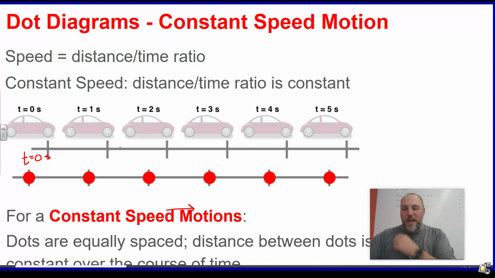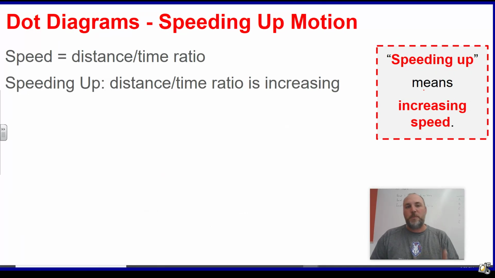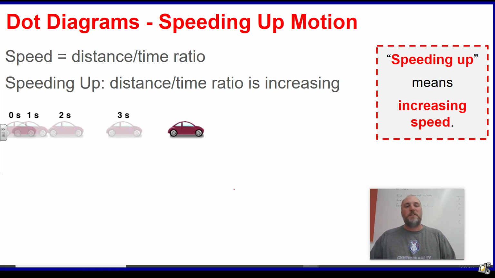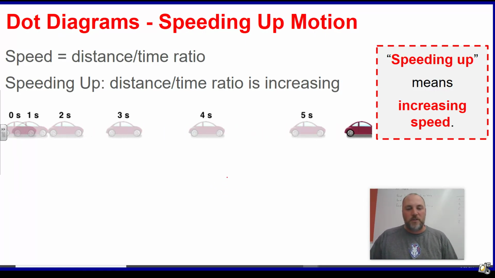But what's going to happen when the object changes velocity, if it speeds up or slows down? So if it is speeding up, we could expect that the object is able to cover a larger distance over an equal time interval. So it might start out traveling only a short distance in the first second, but as it speeds up, it's traveling greater distances each second.